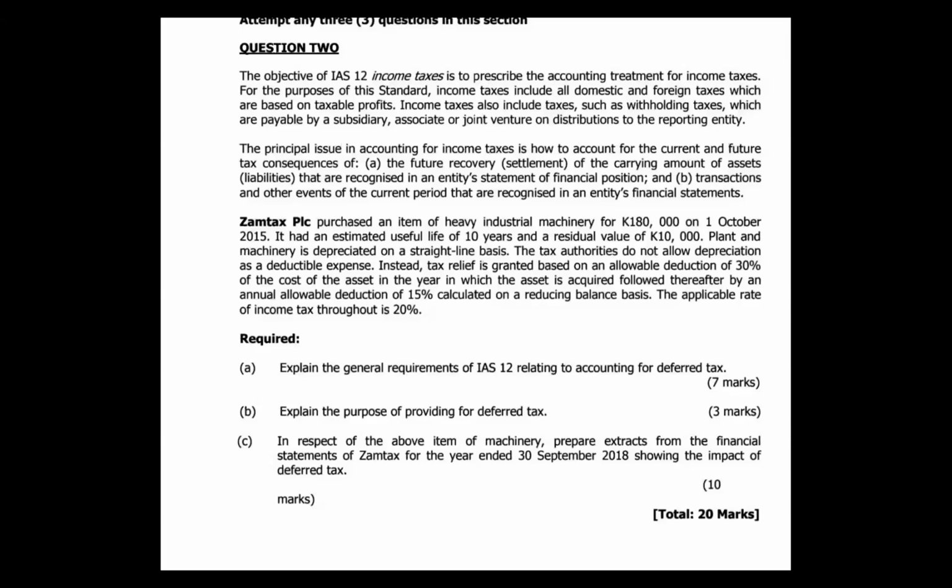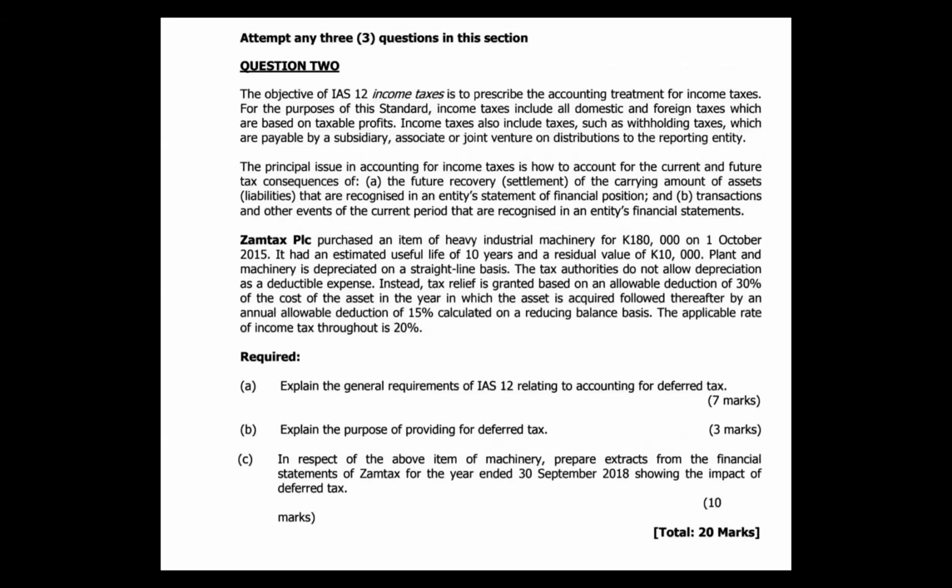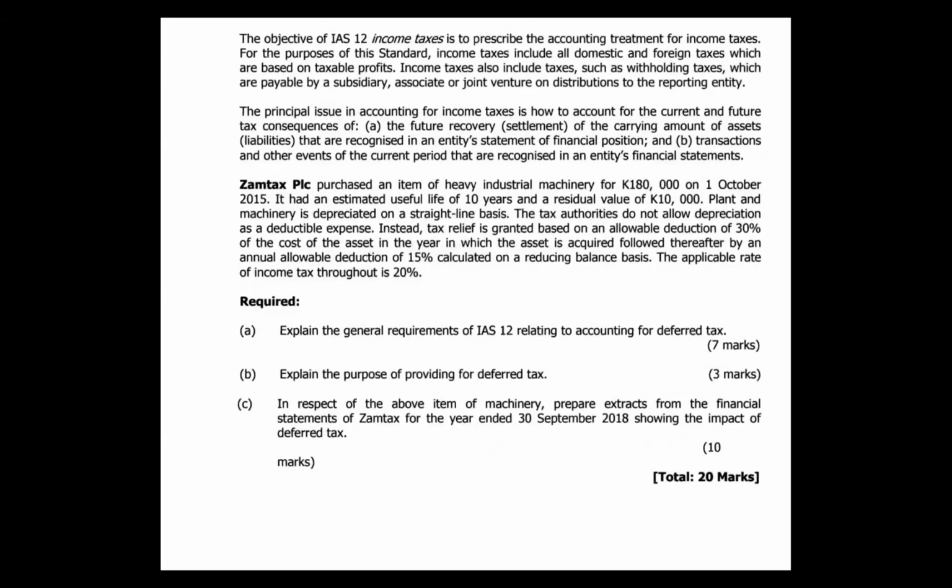That is the area of interest. And B, the transactions and other events of the current period that are recognized in the entity's financial statements. Now listen carefully. The question will start here.